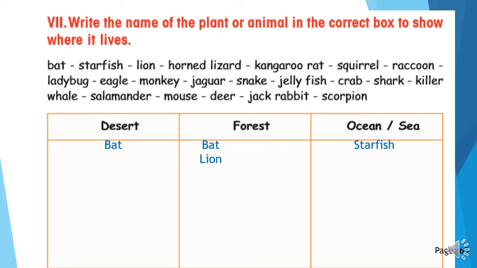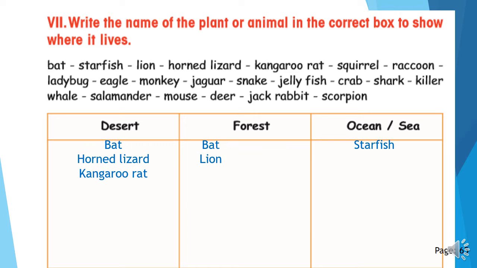Horned lizard, it's a type of lizard, but it's bigger than the lizard that you know. So where does this animal live? In the desert ecosystem. Excellent, guys. Kangaroo rat, it's not any rat. You can search about this animal and you see this animal can live in desert ecosystem.